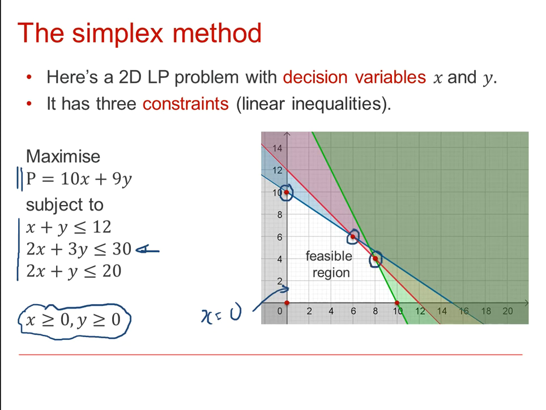We can see that we've got two lines crossing there. So what the simplex method does, it systematically, starting at the origin, moves around the edge of the feasible region, visiting each of these vertices and checking whether improvements can be made to the value of the objective function.